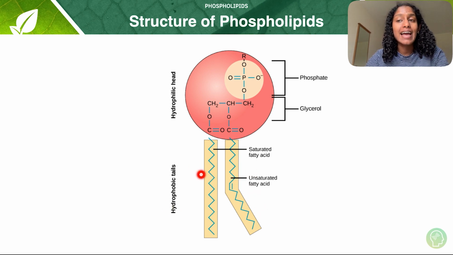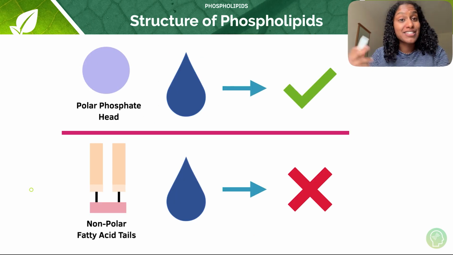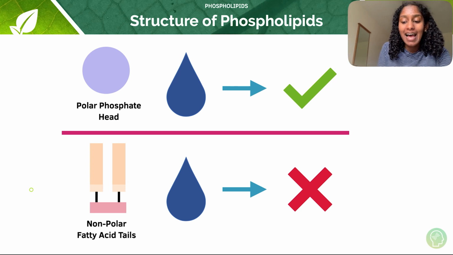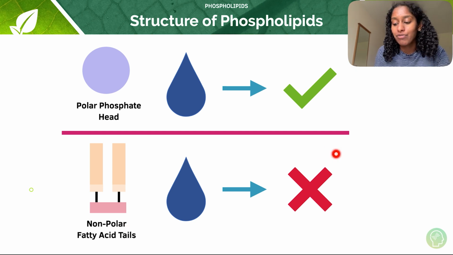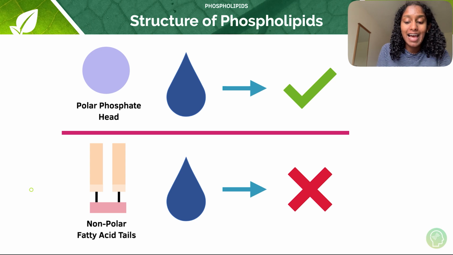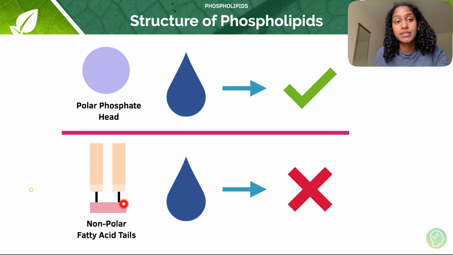And just remember that the tails are hydrophobic and the head is hydrophilic. And again, this just reiterates our phosphate head is hydrophilic, water-loving, and our tail is hydrophobic, water-hating. So our phospholipid head is the polar part and our tail is the non-polar part.